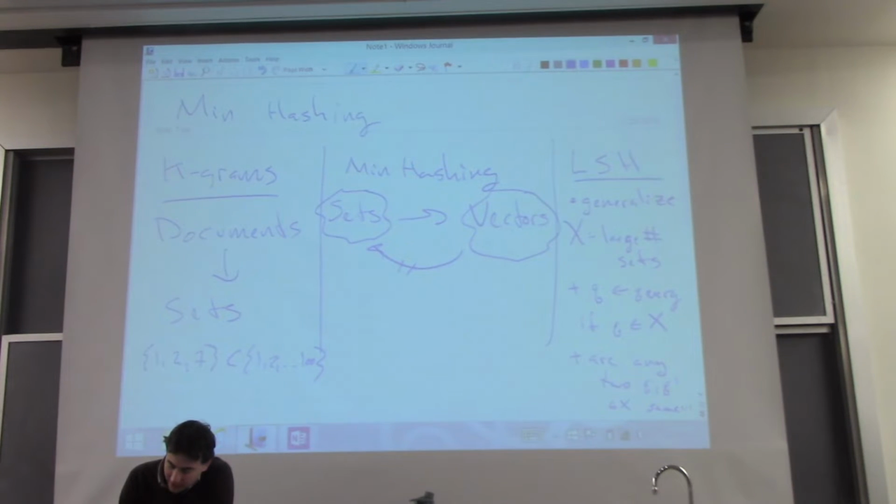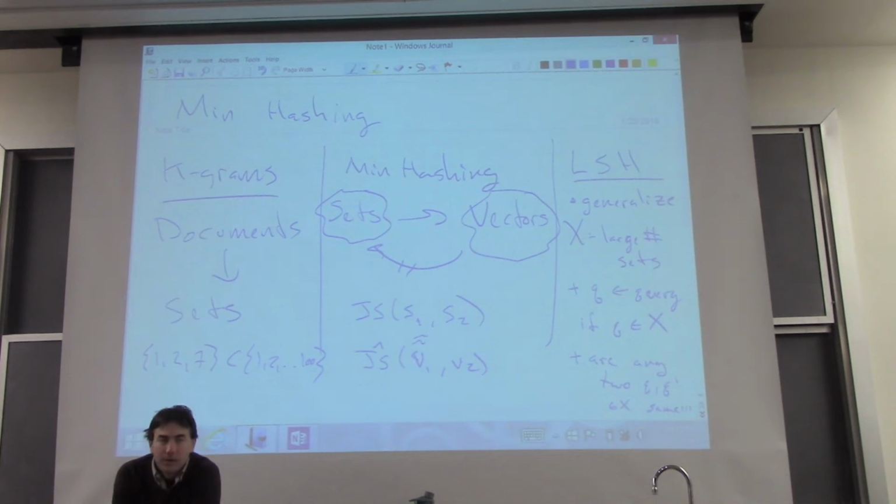Again, we're going to look at the Jaccard similarity between two sets, say S1 and S2, and we're going to get something like an approximate Jaccard similarity on the corresponding vector 1 and vector 2 that correspond with the sets, and we want these to be roughly the same.